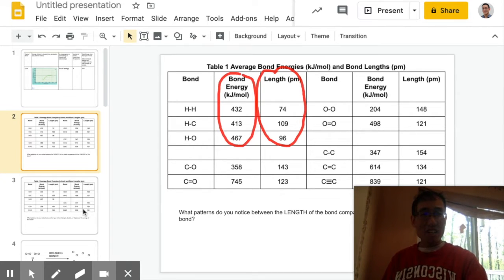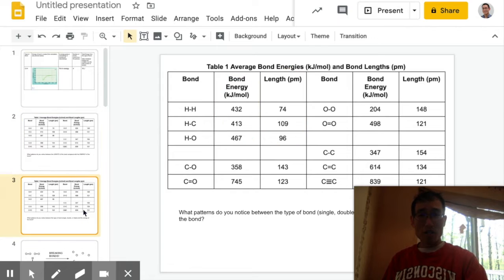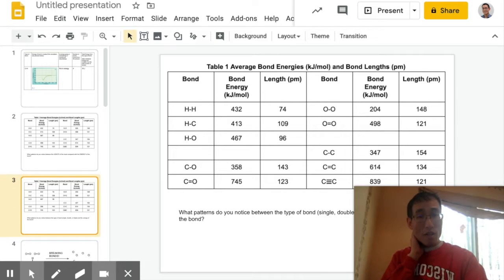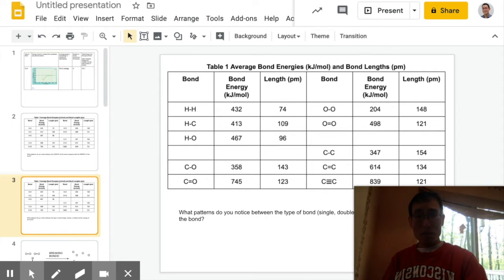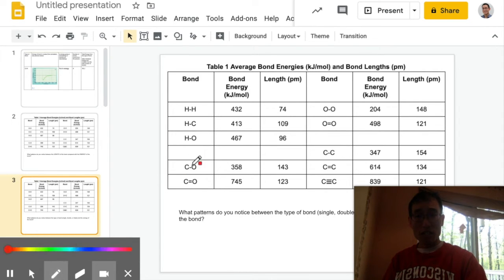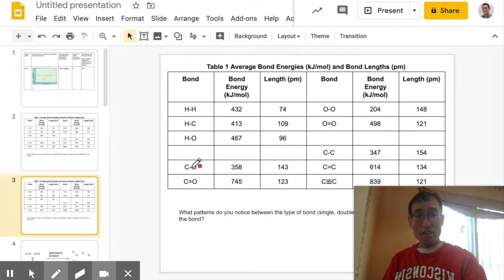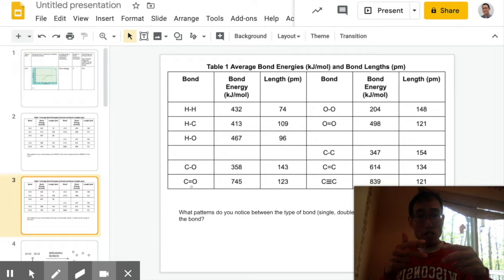The second thing that I want you to notice is the types of bonds. How does that relate to the energy? It turns out that there are multiple types of bonds. There is something called a single bond. If you have one line there, that's a single bond. And if you have two lines, it's a double bond. It's actually two pairs of electrons being shared there.